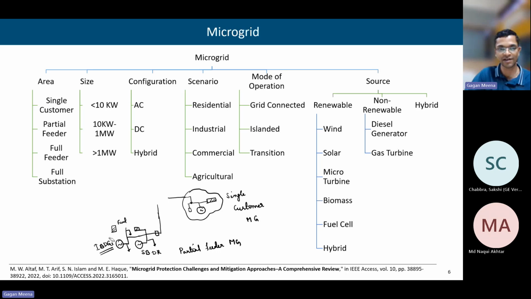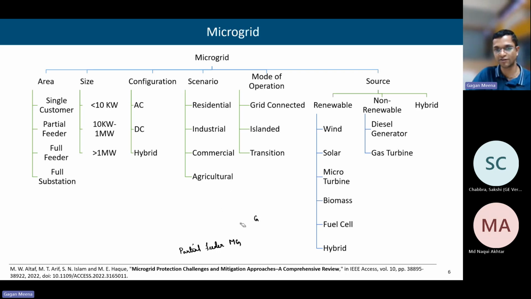This is one type of classification, and then based upon configuration, which we will see in future weeks, maybe the eighth or ninth week, different types of configuration are possible. The AC microgrid: the conventional system which we have is AC.